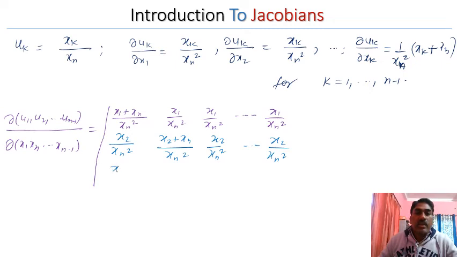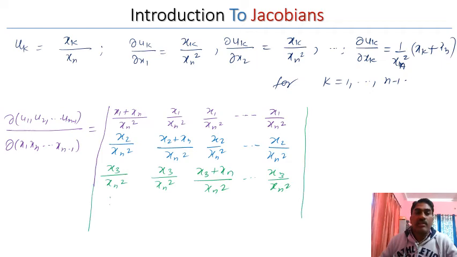Similarly, x3 by xn square, x3 by xn square, x3 plus xn by xn square, and n minus 1 times x3 by xn square. So finally, let us write the final row.